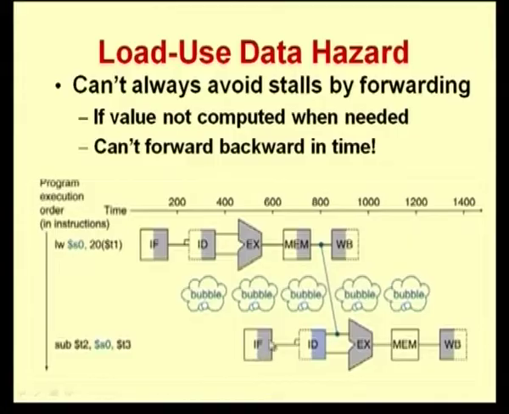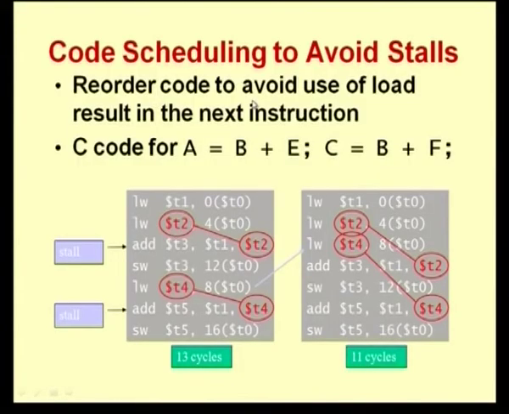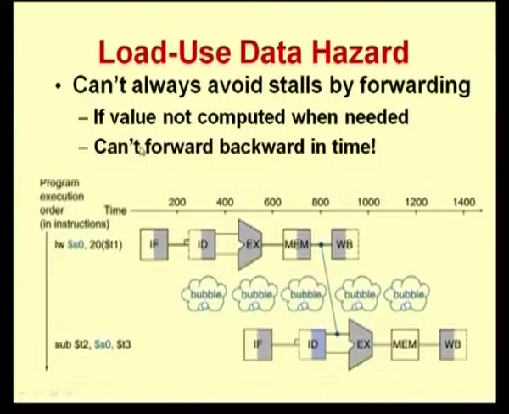Another technique that is used to handle these data hazards and to avoid stalls is to reorder the code in order to provide a distance between the instruction which produces a result and the instruction which consumes the result. Now, the problem we had here was you have a load instruction and a sub instruction immediately following that.